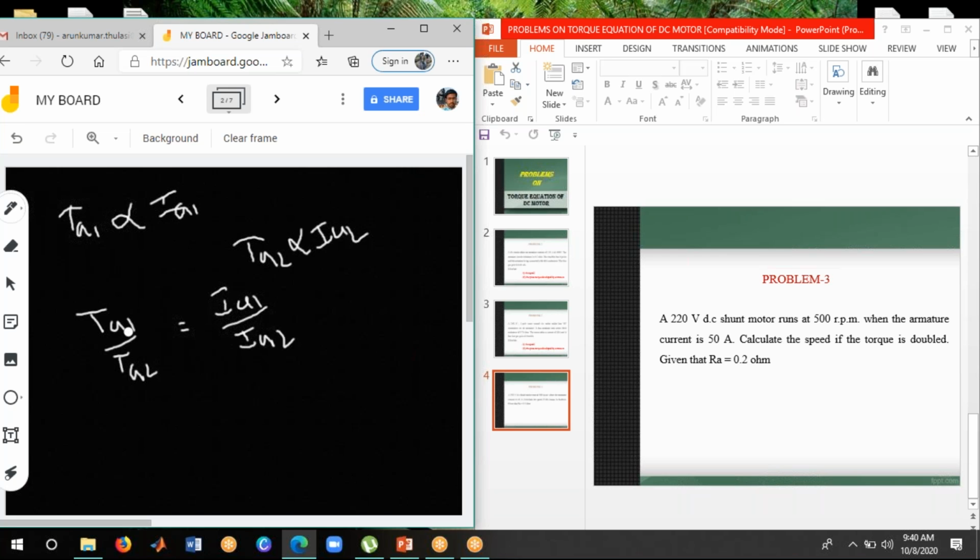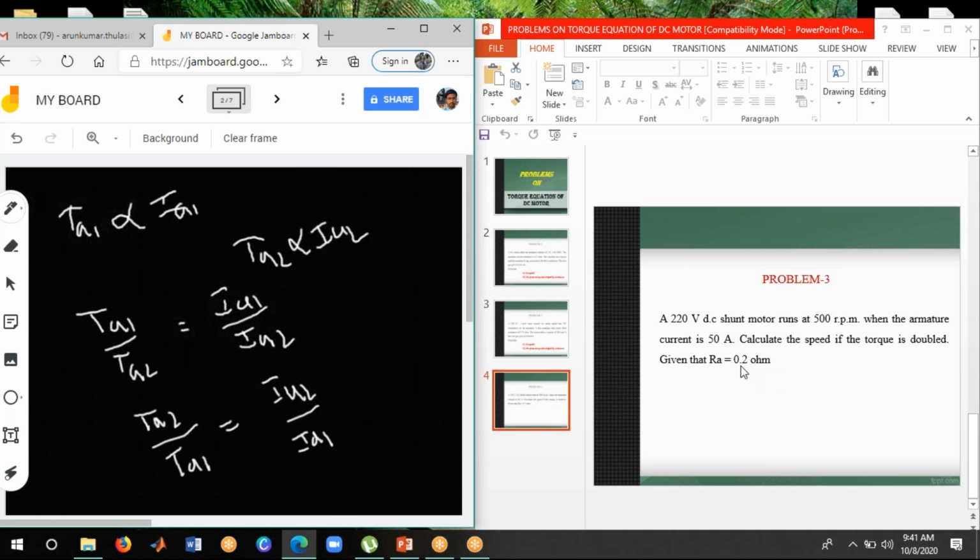From this relation we can write similarly Ta2 divided by Ta1 equals Ia2 divided by Ia1. So this is the relation between the armature current and torque. Now we need to find the armature current when the torque is doubled.